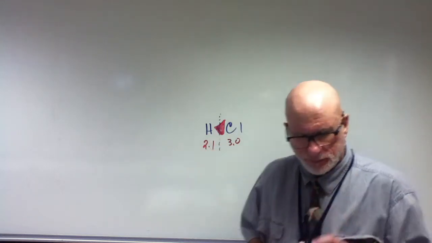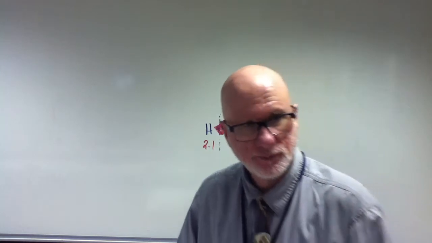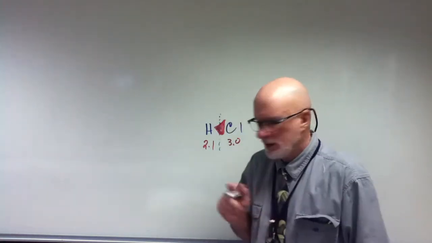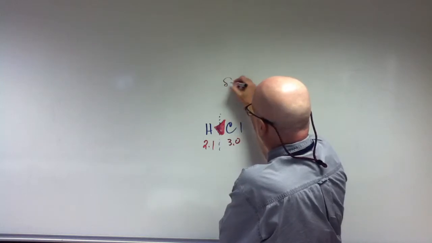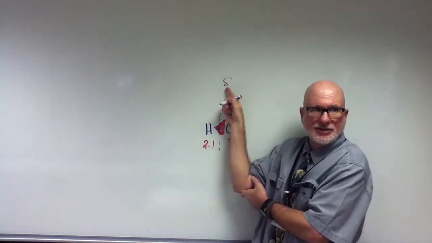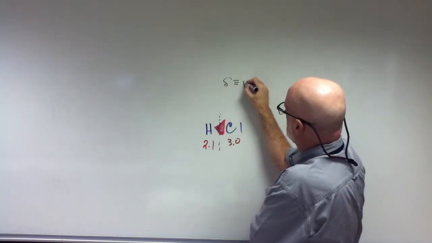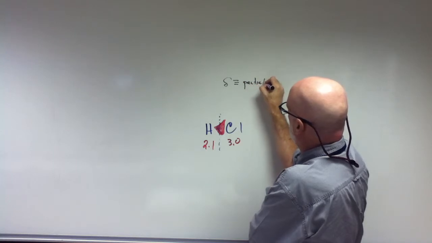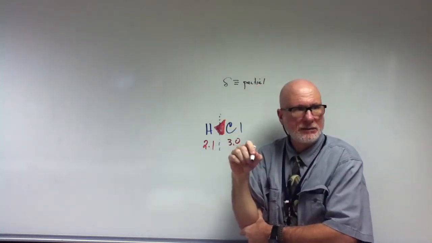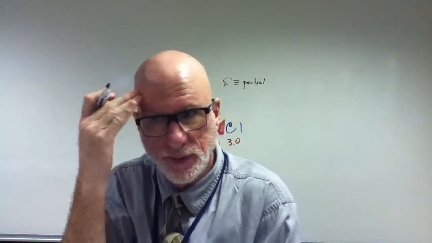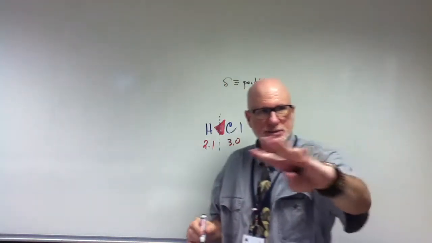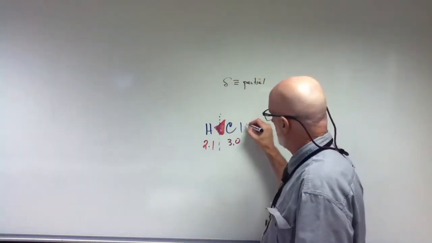Does this make sense to you? This is the Greek letter lowercase delta. You understand that? This is defined as partial. A very, very important Greek letter in bonding. It's partial. Tell me if it doesn't make sense.